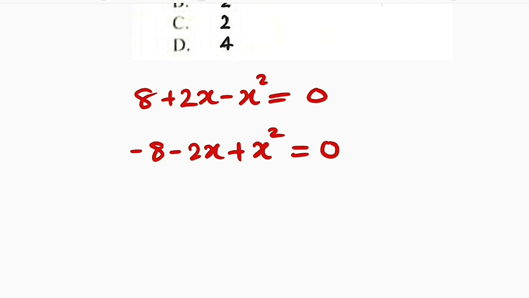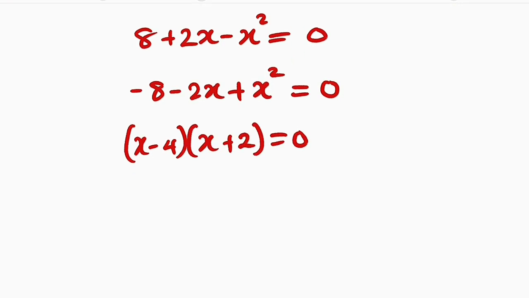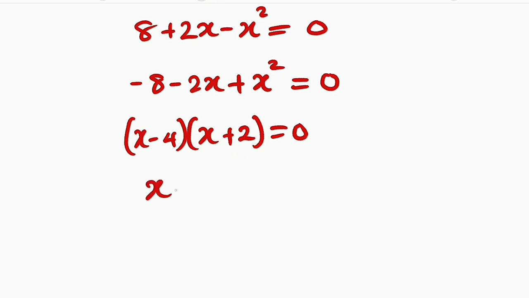The numbers are negative 4 and positive 2. So we have x minus 4 multiplied by x plus 2 equal to 0. If you solve each factor here, x could either be 4 or x equal to negative 2 by setting each factor to be equal to 0.